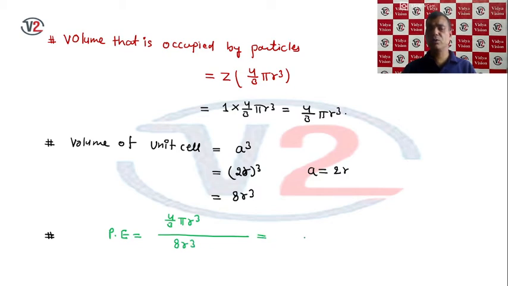On solving we get pi by 6, because r cube cancels out with r cube, and 4 divided by 2 gives 2, then we get pi by 6. So this is the packing efficiency of the unit cell. Is it clear to all of you?